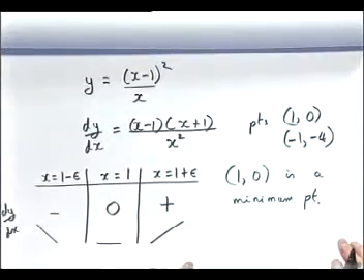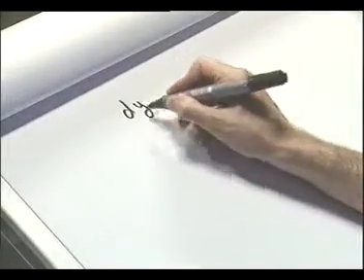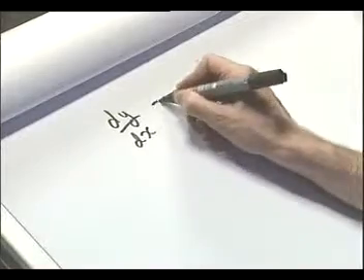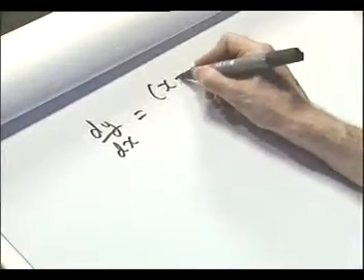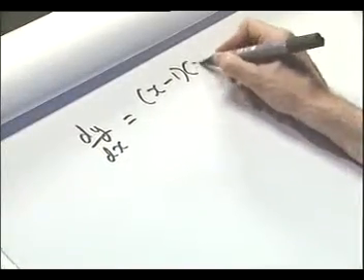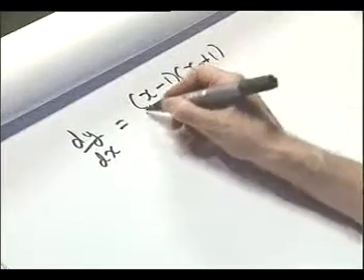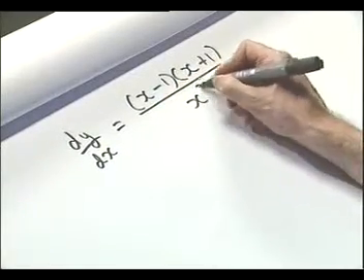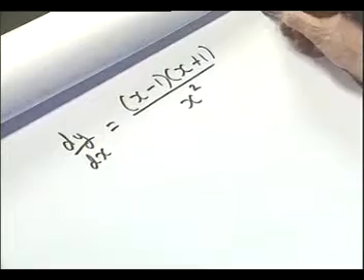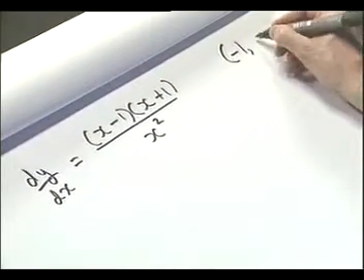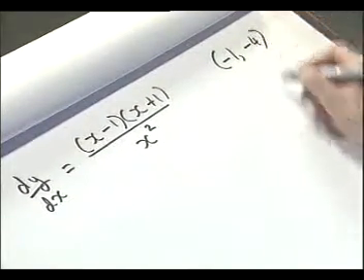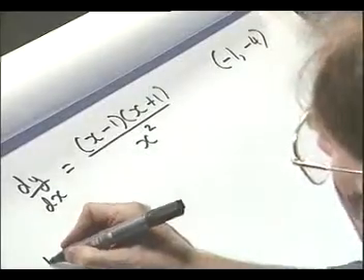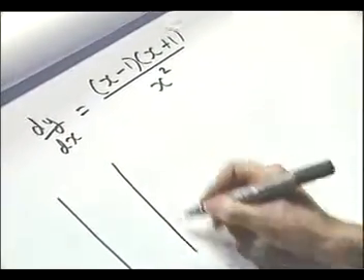Now let's do it again for this point, (-1, -4). So we've got dy by dx is equal to x minus 1 times by x plus 1 all over x squared. And the point we're having a look at is (-1, -4). So let's set up our table again.